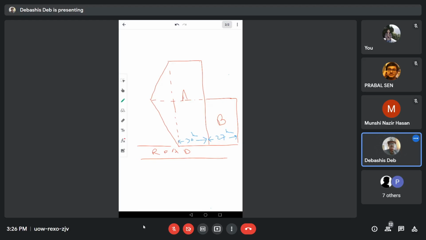Again, depth of plot B mentioned in your problem 40 meter, and it will be given in the exam in your problem that this depth is 62 meter. Here this is also mentioned 10 meter. Yes, this much is given in the problem. Let's draw this thing.